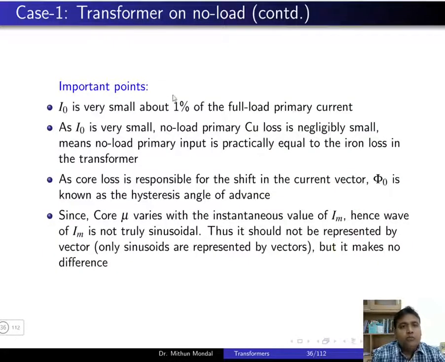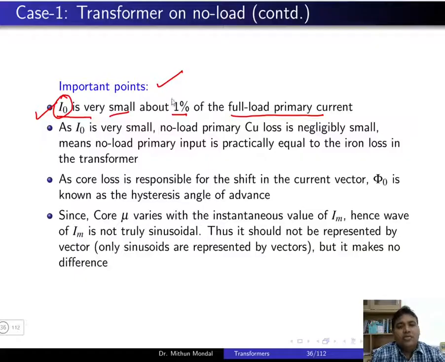Some of the important points that we have to note from the previous discussion: first, the no load component of the current is very small, about 1% of the full load primary current. This component I naught is responsible for production of the flux in the core.